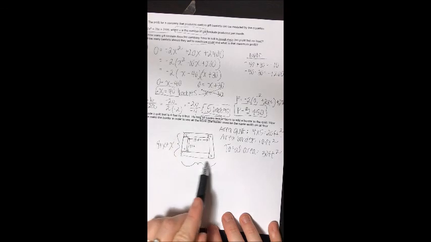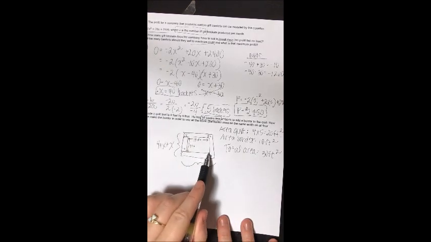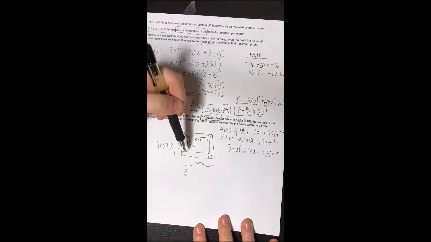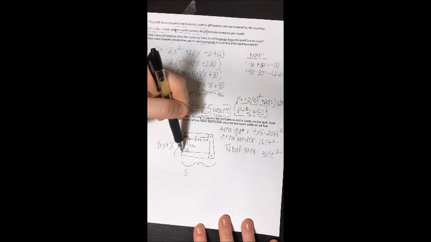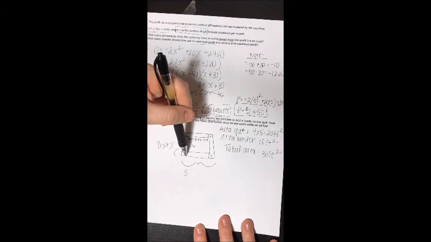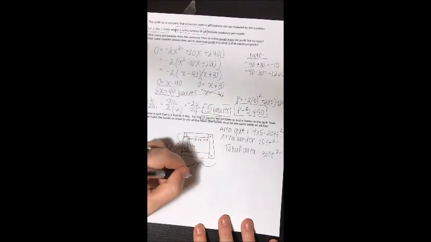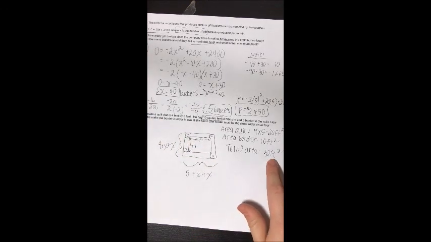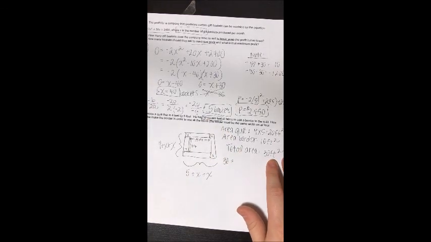Now for my length, I know this is 5 feet, my quilt on the inside, and the width of the border on this side is X, and on this side is X. So this total side should be X plus 5 plus X. If my total area is equal to 30 feet, then 30 is equal to these two numbers multiplied together.